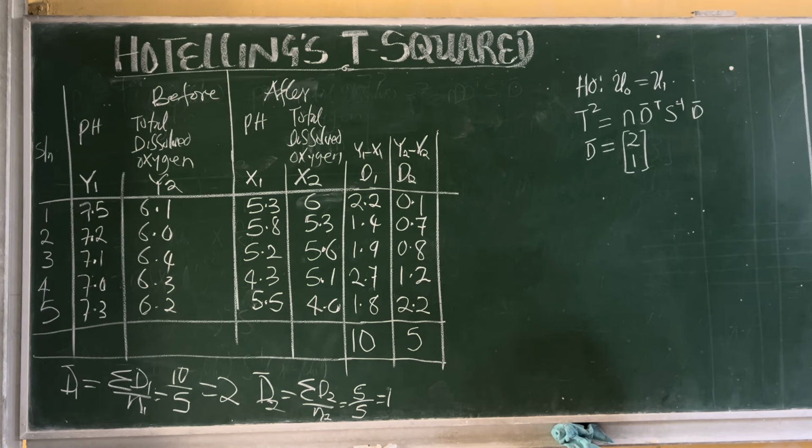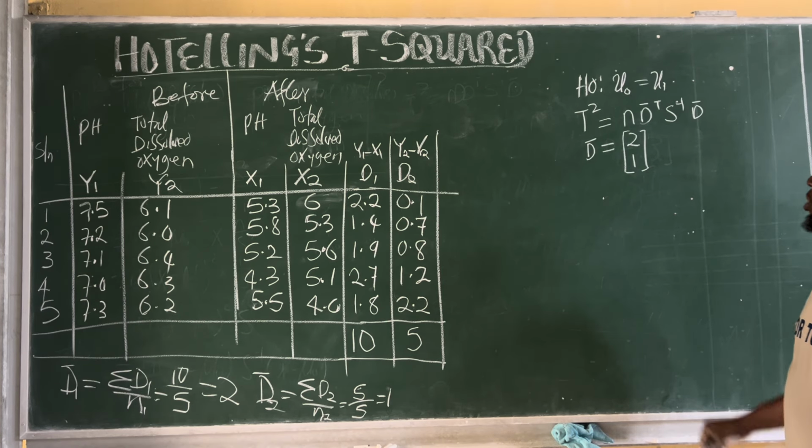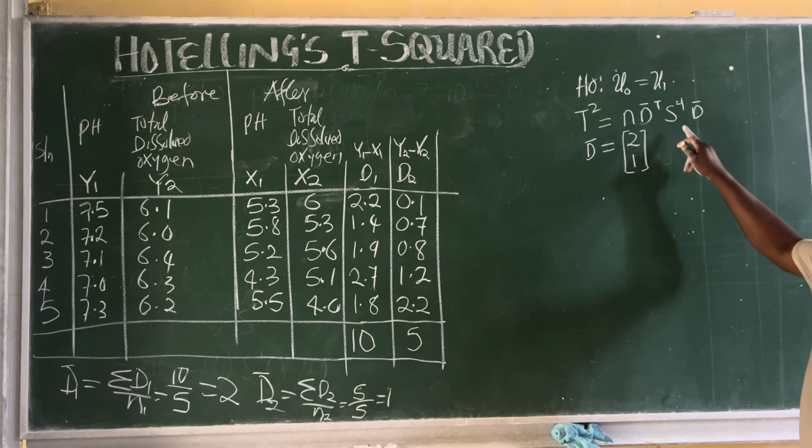Okay. Now, the next thing will be to look at this variance covariance matrix. To calculate the variance, we're going to create a column, call it D1, small d. We are using small d because we want to look at the difference between this and the mean.